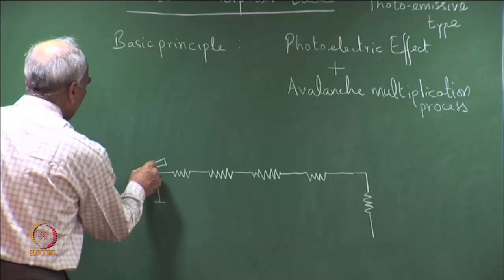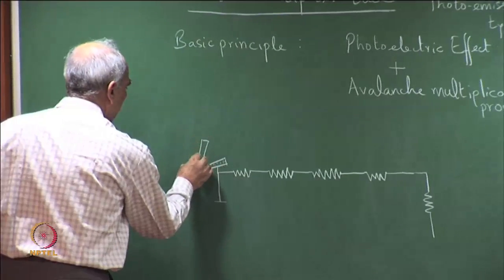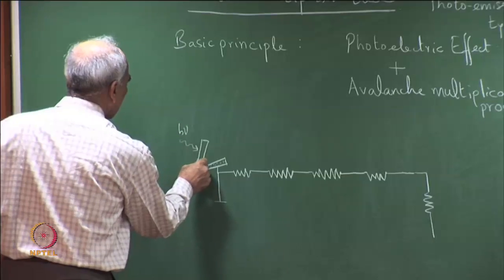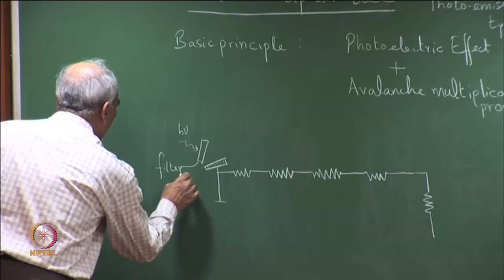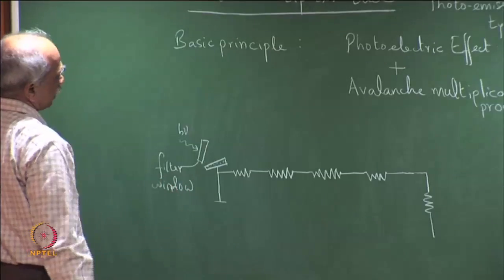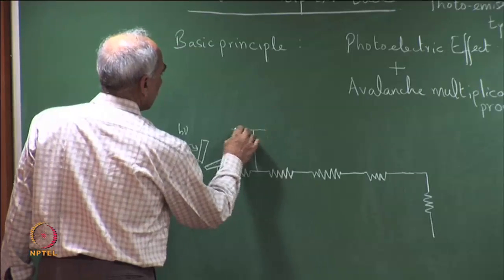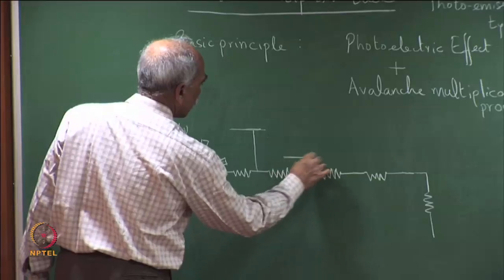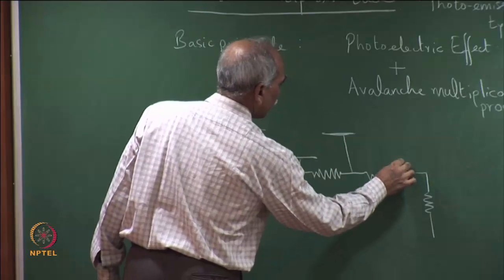This is a photocathode. The photon is incident through a filter or a window. It will become clear once I explain this.